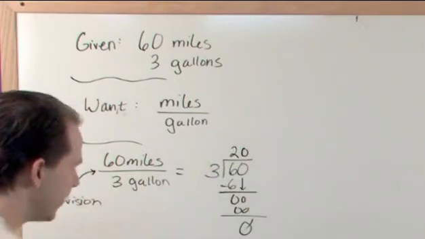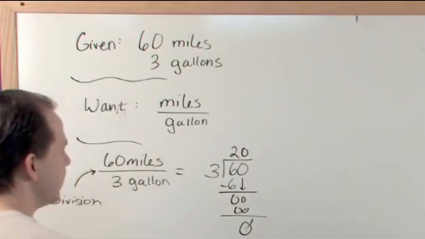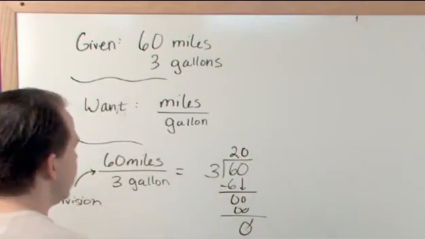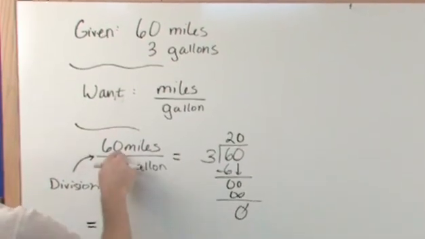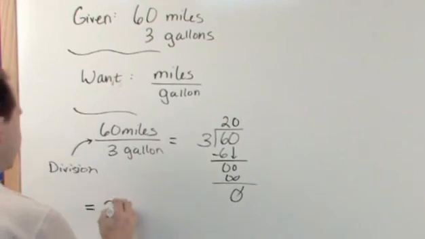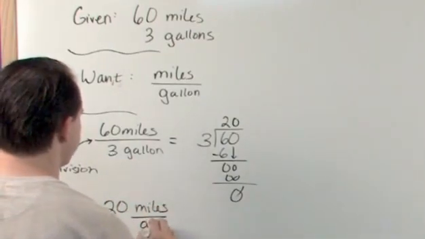So there's a bunch of zeros here, because it goes an even number of times. It goes 20 times, and that's the answer. 60 divided by 3 gives me 20 miles per gallon.